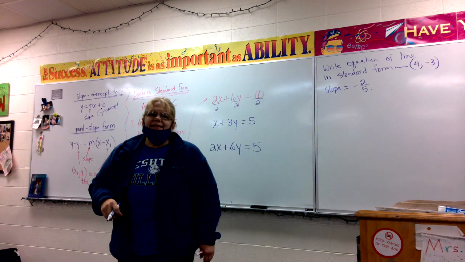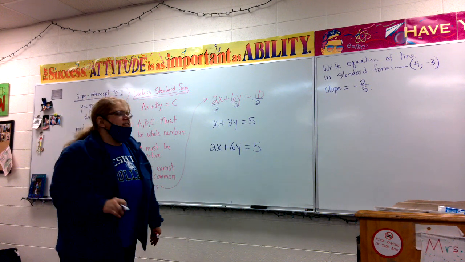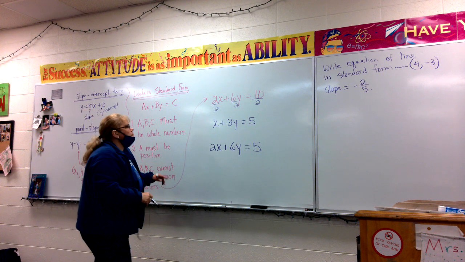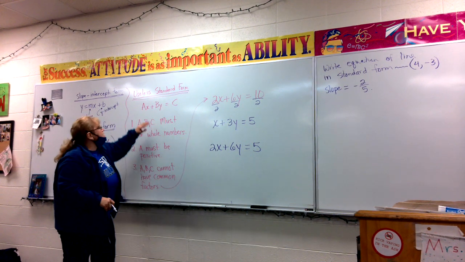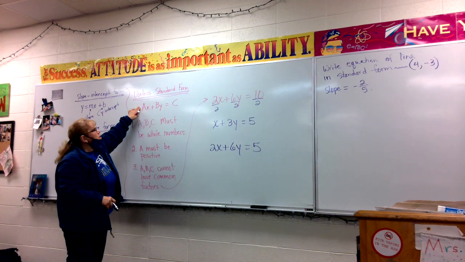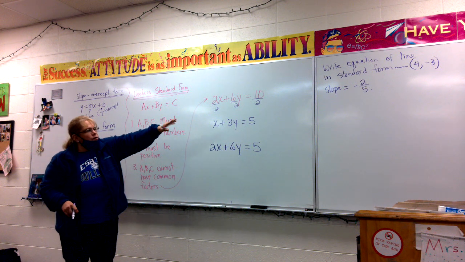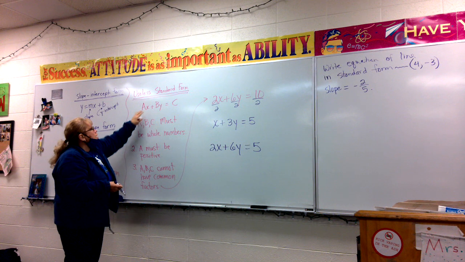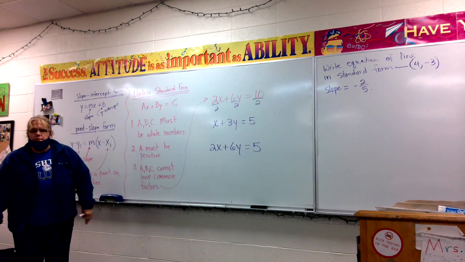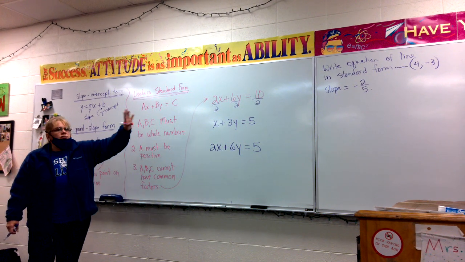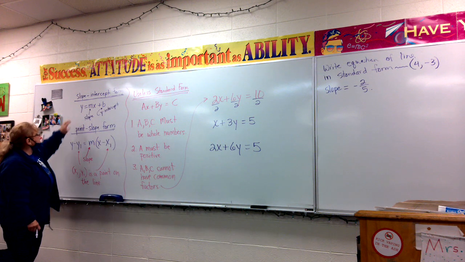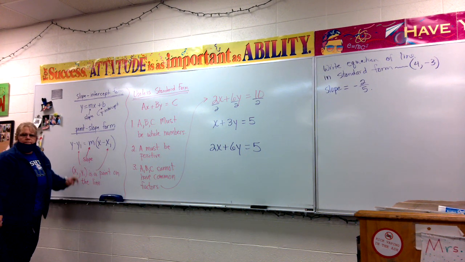How are we going to write the equation of the line? And I'll tell you right off the bat, it says to write it in standard form, but you can't start with what's given there and plug it right into standard form. What you're going to have to do is take that information and plug it into one of these two.